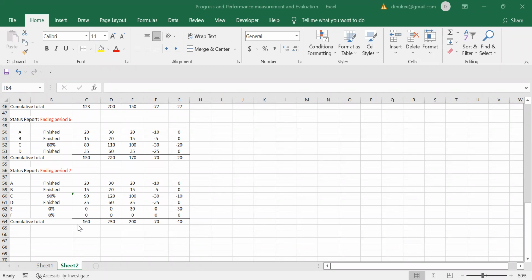Right. So we will see what the indication of these values is after calculating those things, right? So if I take this cost variance, how much is it? Minus 70, right? That means we have spent more than we were expecting to.